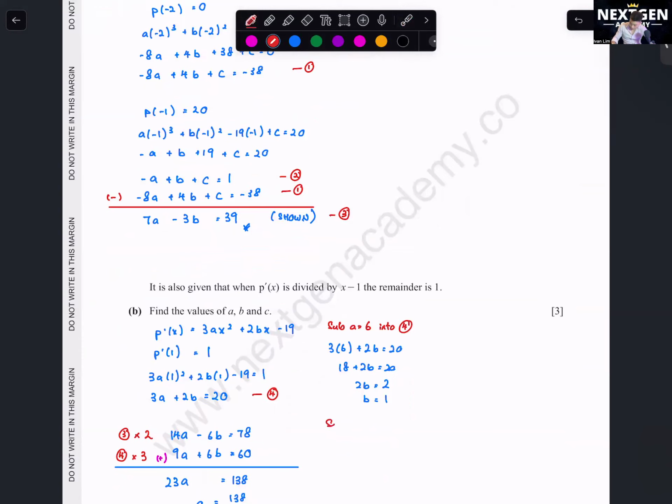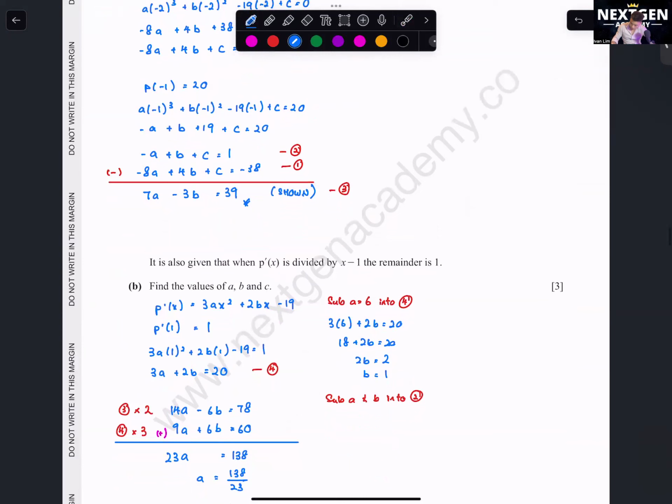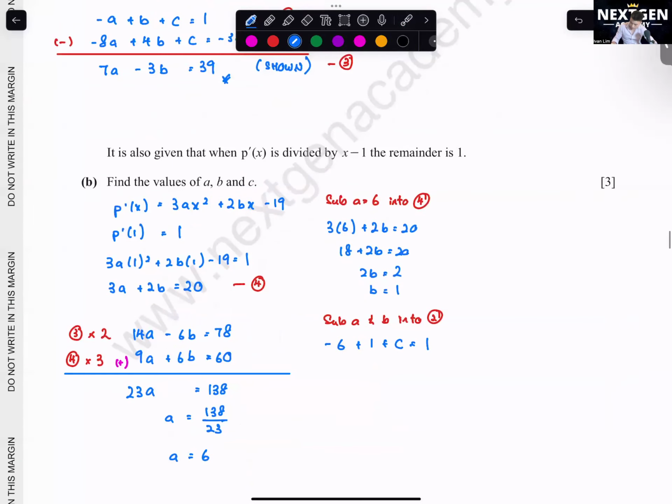So sub a and b into 2. So here will be minus 6 plus 1 plus c equals 1. Our final answer, c equals 6. A, b, c.